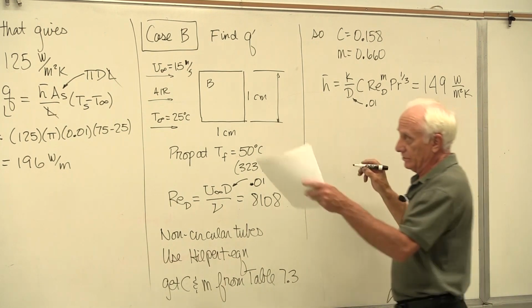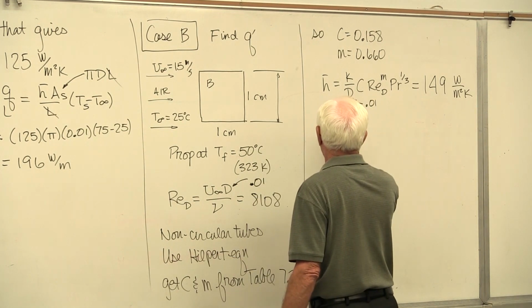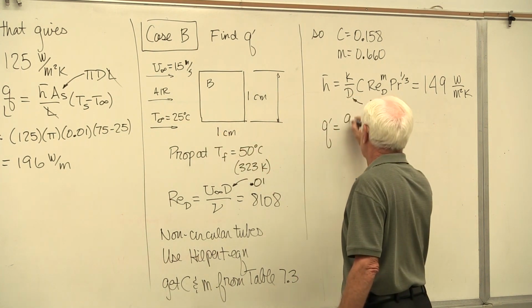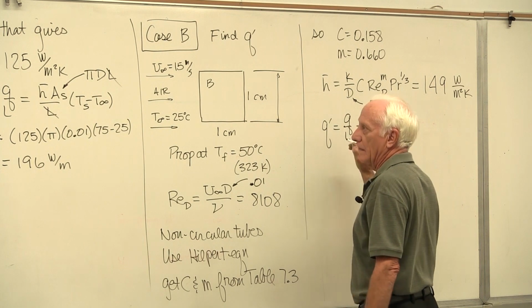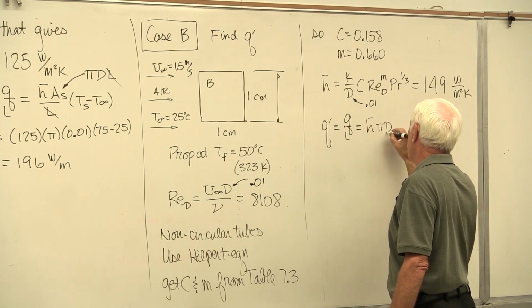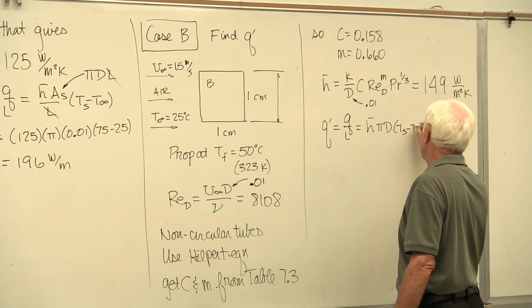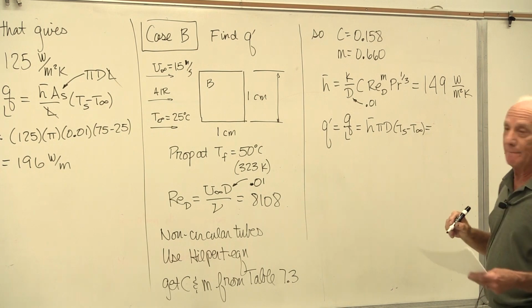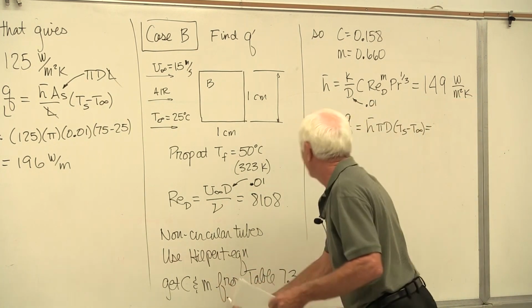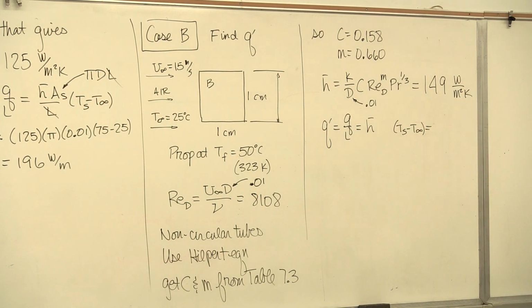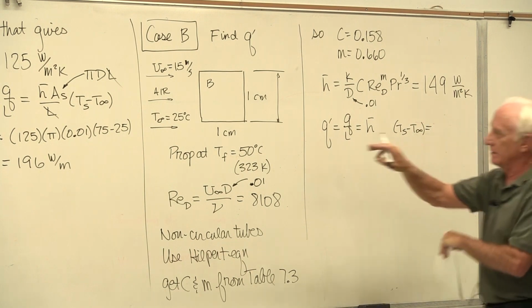Now I want Q though. I don't want H bar. The end result, I want Q. So same thing, Q prime, Q over L, H bar pi D, Ts minus T infinity. Oh, which one? Oh, thank you. Good point. Now, what is surface area? Surface area is the area of the tube that touches the fluid, air. Okay.